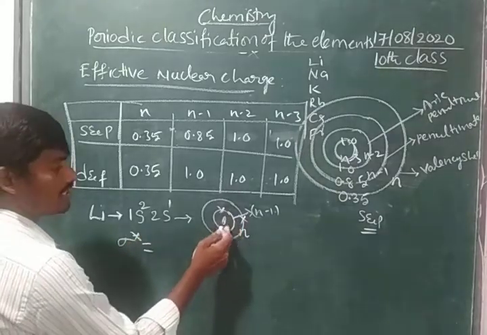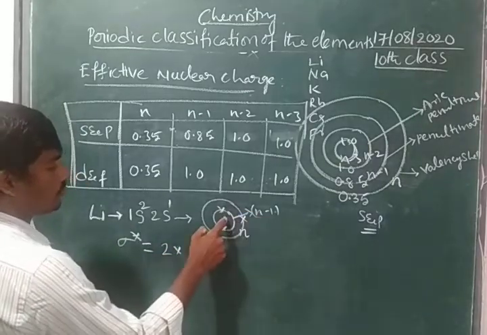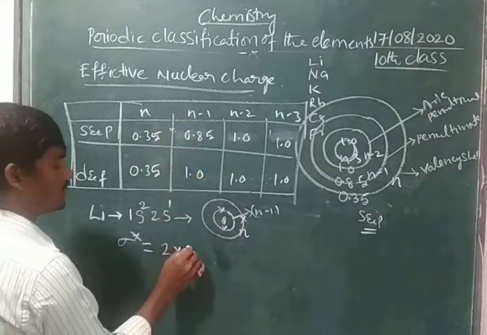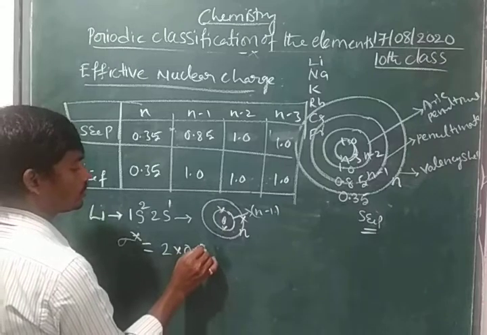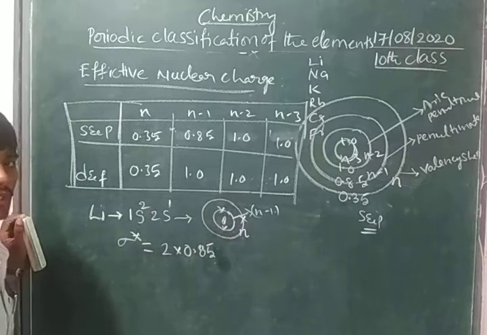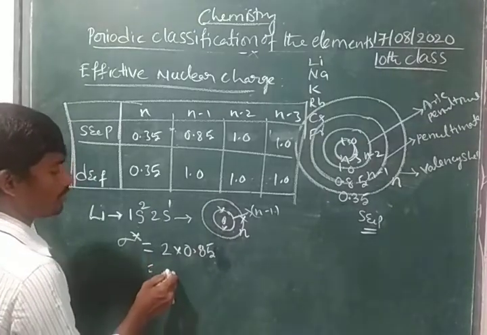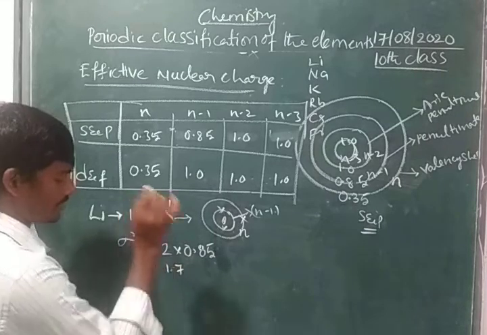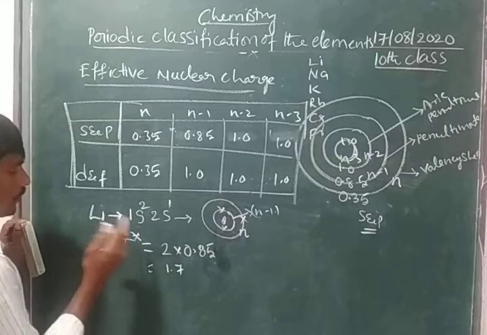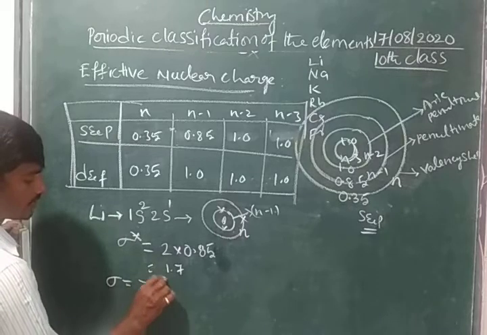See children, how many electrons are screened here? 2 electrons. 2 into, for n minus 1 value for s orbital, it is 0.85. That means 2 into 0.85, how much, children? 1.7. And now we have to find Z effective equals Z minus sigma star.